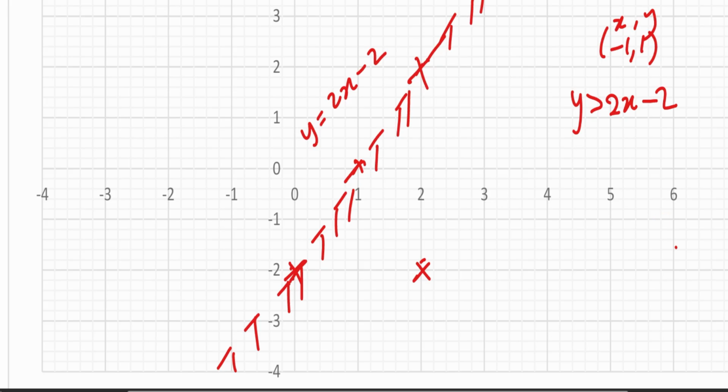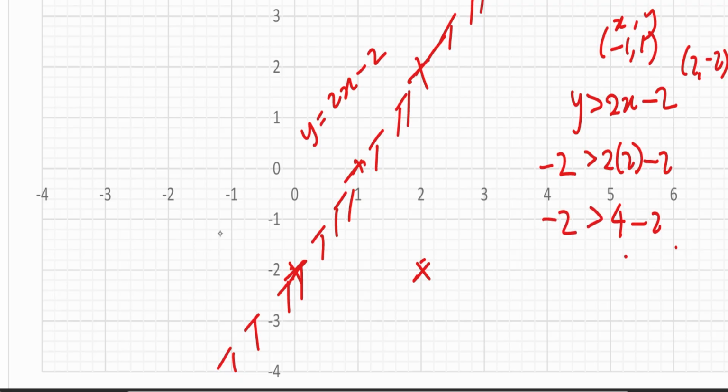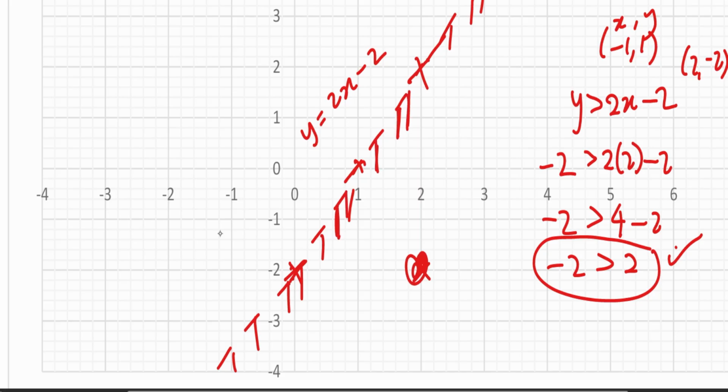We substitute: 2 times 2 minus 2, this gives you 4 minus 2, which is 2. Is this statement true? No, -2 cannot be greater than 2, and therefore you shade the region that you don't want, which doesn't satisfy that inequality. So this region is unwanted, that's why we're shading the bottom region.